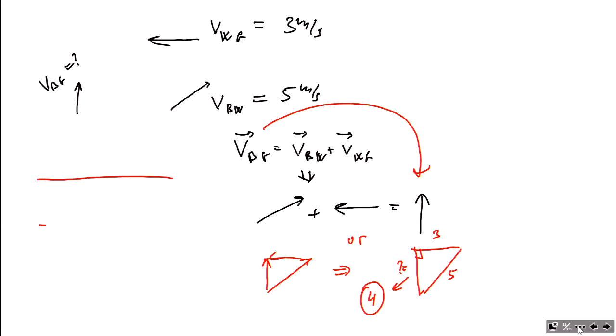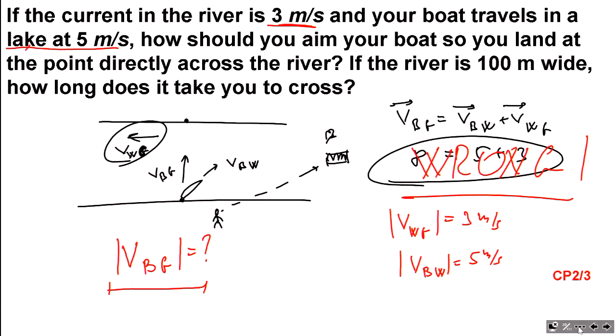So if we have a river and there's an observer looking how the boat is traveling, the boat is actually angled like this, but travels like that. We know the distance between the banks, 100 meters wide.